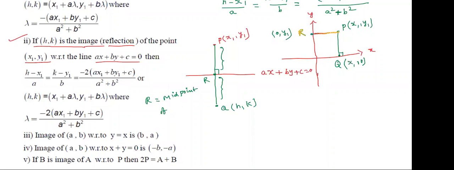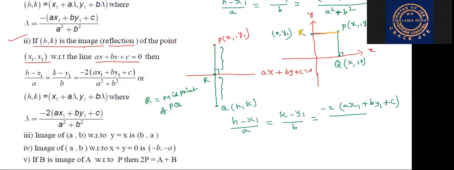Q is the image of P with respect to the line ax plus by plus c is equal to 0. What is the formula? H minus x1 divided by a, that is equal to k minus y1 divided by b, that is equal to minus 2 into ax1 plus by1 plus c divided by a square plus b square.